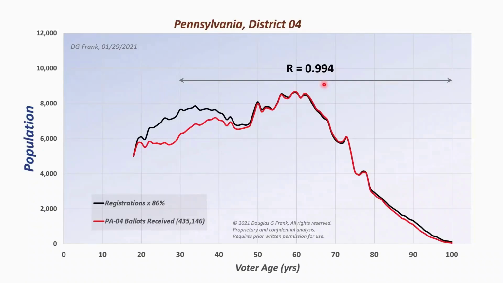Most social scientists who do social science work dealing with people, if they get a correlation coefficient R equal to 0.7, that's really good. If you're doing medical research and studying the effectiveness of a drug, if you get 0.6 to 0.7, you're doing great. That's a very powerful drug. Anytime you deal with people, the correlation coefficients tend to be low. So to get 0.994, that's just not natural.